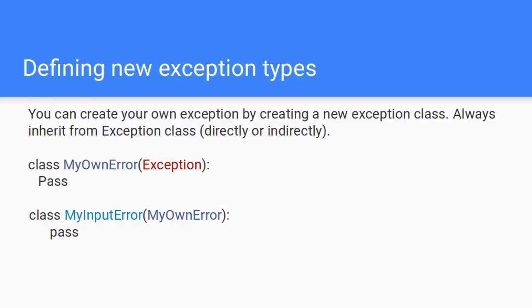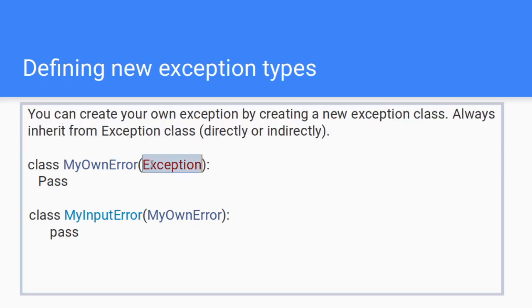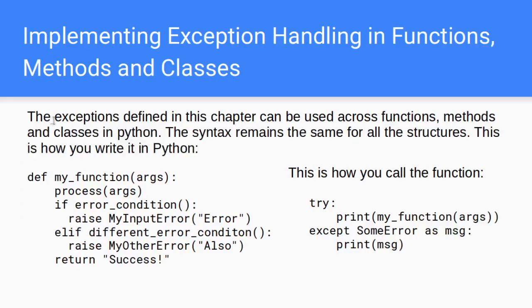Like we said, we can define our own exceptions. We inherit from the base class Exception, which we saw from python.org. And we can also use multiple inheritance and create our other exceptions. So we want to implement those.